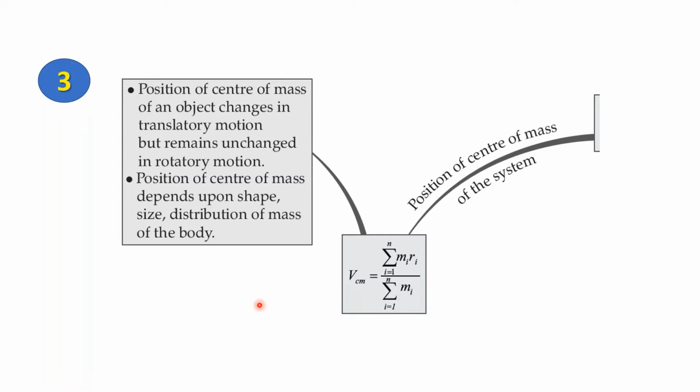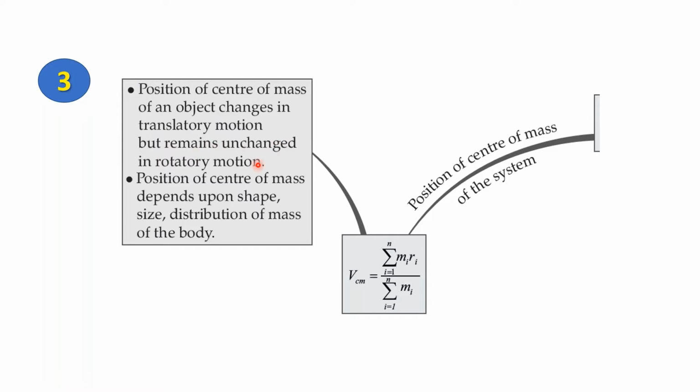Now, when you're calculating the position of center of mass of the system, we need to look at a couple of points which are pretty important. The first point says that the position of center of mass of an object changes in translatory motion but remains unchanged in rotatory motion.